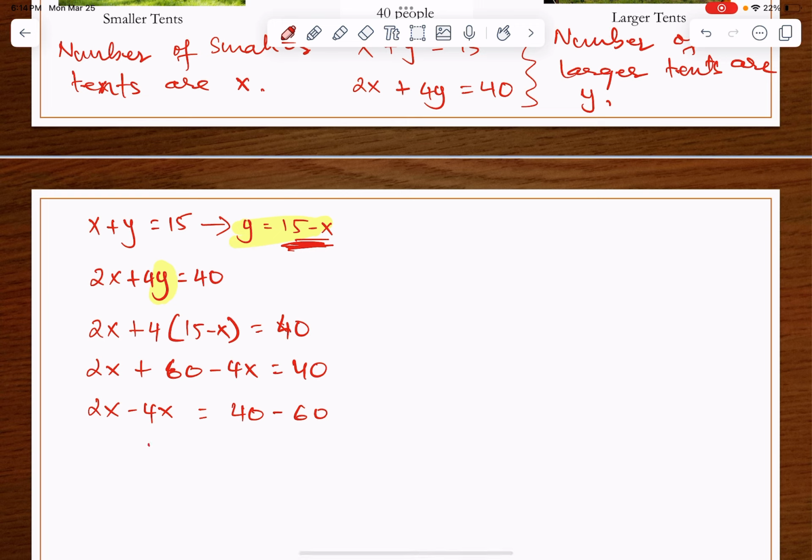Now we have negative 2x here, and that gives us negative 20 here, and then x equals, divide both sides by negative 2. Negative 20 divided by negative 2, a negative number divided by a negative number gives you a positive number, that is 10. So we got the number of smaller tents. There are 10 smaller tents.